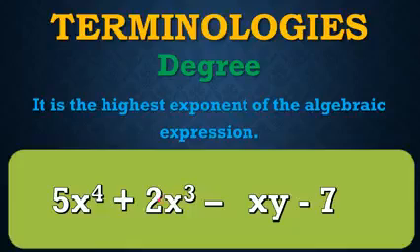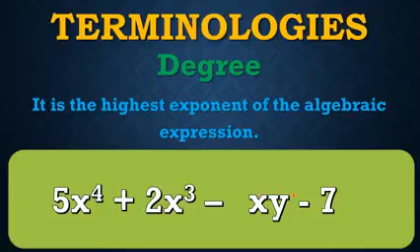So here, alam natin na meron tayong tatlong exponents here. Okay? Yung first term natin holds exponent of 4. Yung second term natin holds exponent of 3. While our third term, which is negative xy, holds 2 exponent. 1 na nasa x and 1 na nasa y.